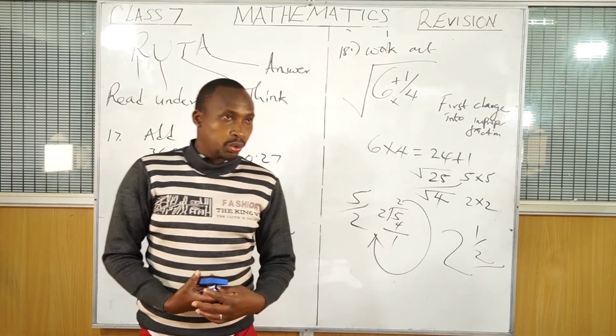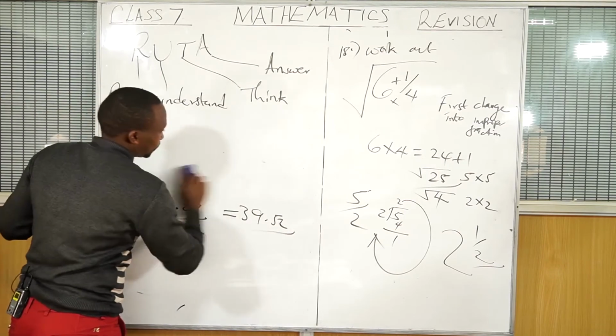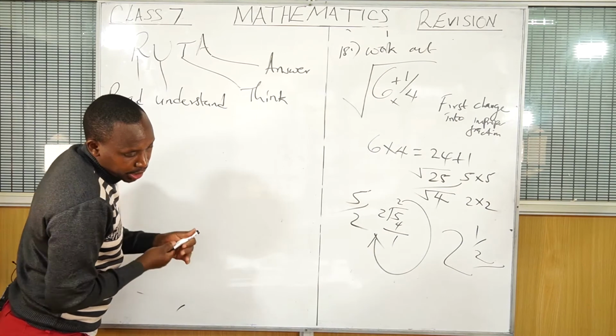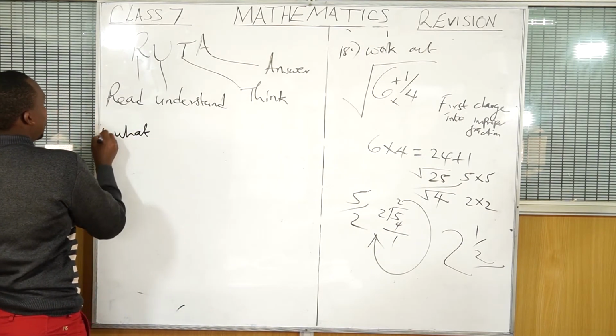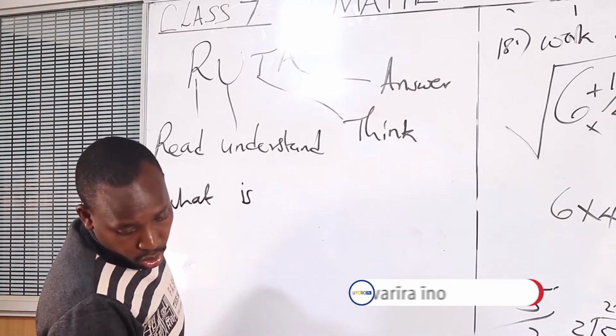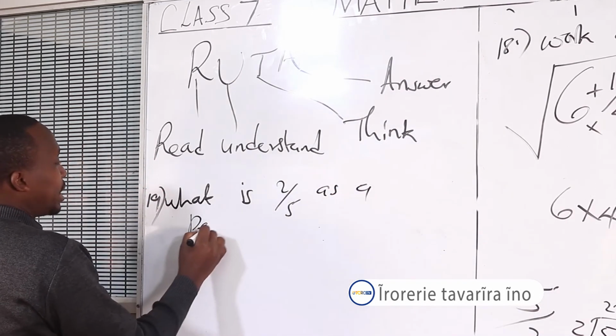Now, we go to question number 19. You are told, what is 2 over 5 as a percentage?